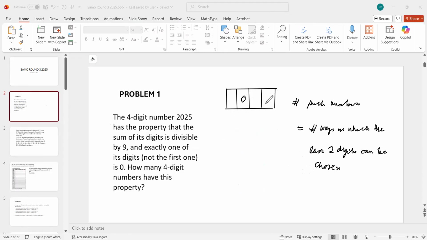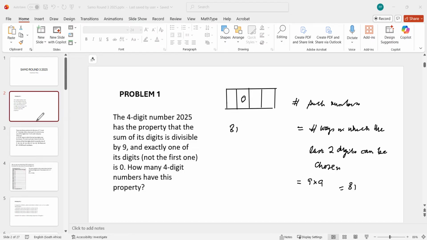And once the third digit is chosen, the fourth digit can also be chosen in any one of 9 ways. You're allowed to repeat. You could have had 4, 4, for instance. So the fourth digit can be chosen in any one of 9 ways, and so this is equal to 9 times 9, that's 81. Now this is when the second digit is 0.